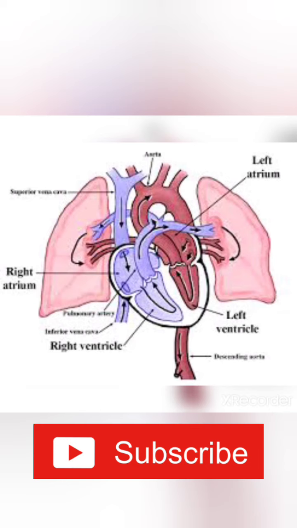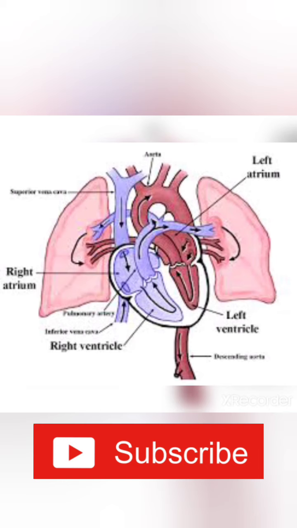The 2 lower, thicker chambers are called ventricles. The upper and lower chambers of the heart are separated by a muscular wall or tissue known as the auriculoventricular septum of the heart.